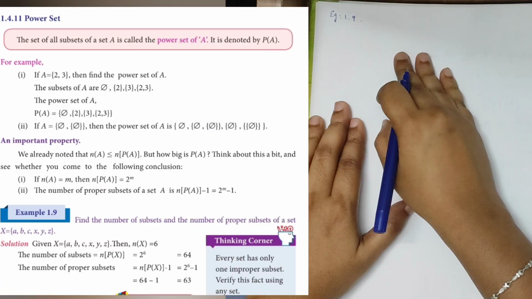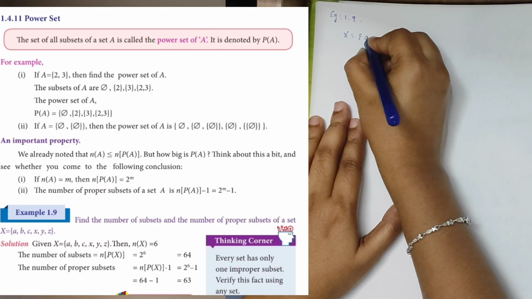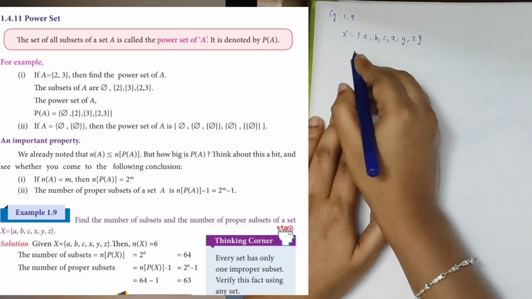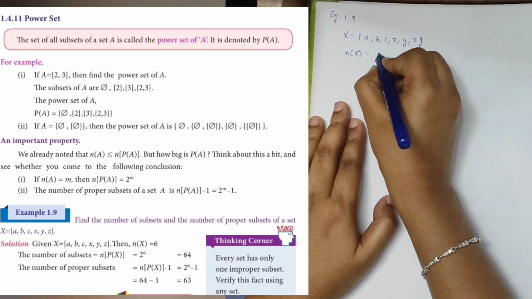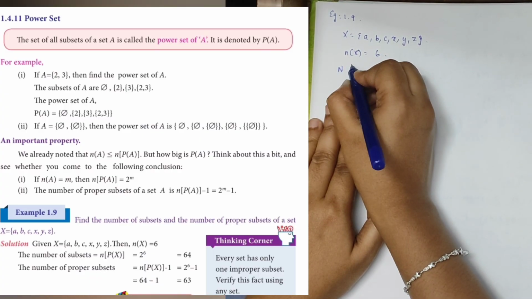Find the number of subsets and the number of proper subsets of the set X is equal to {a, b, c, x, y, z}. Calculate the number of elements in the set: 6 elements. So n of X is equal to 6. How can you calculate the number of subsets? That is equal to 2^m, isn't it?